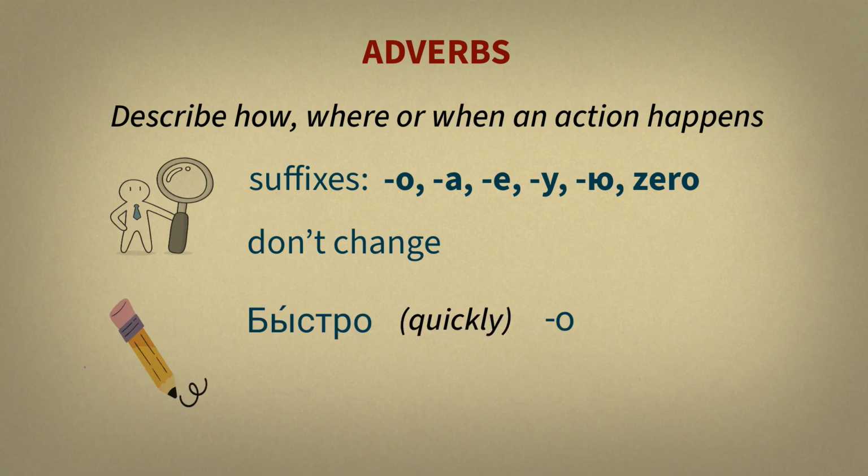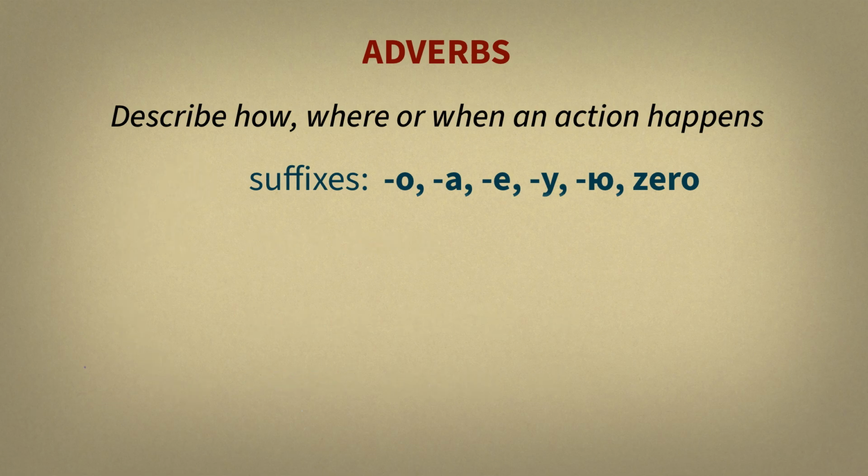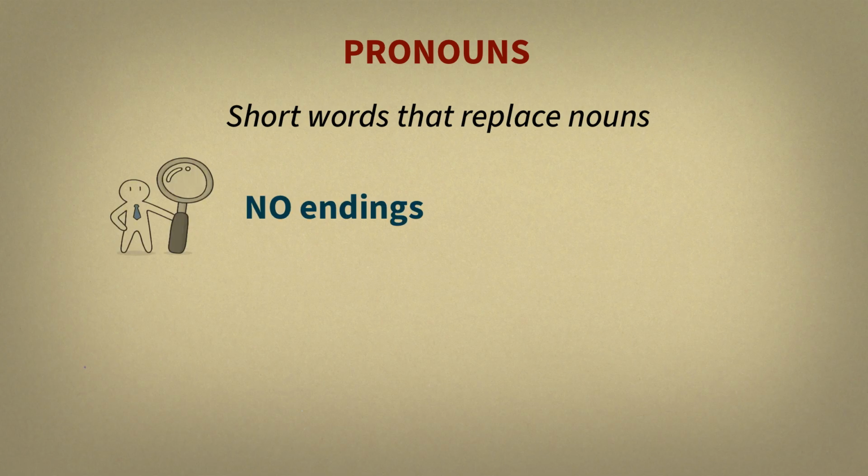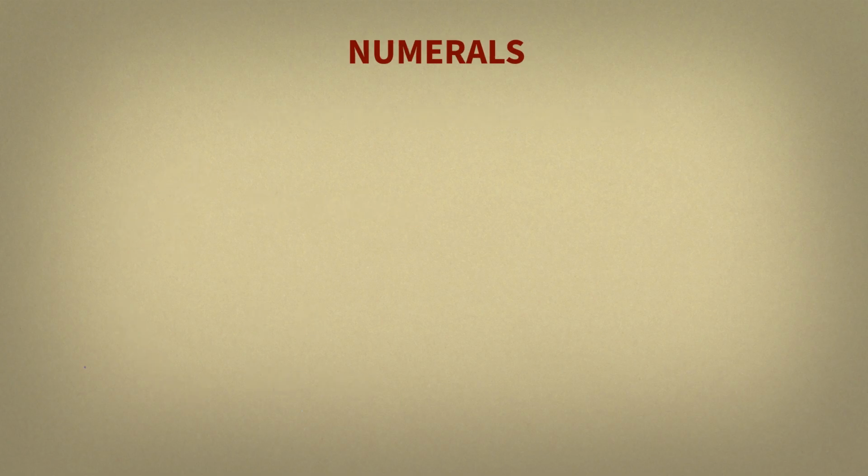For example, быстро. Suffix is о. Слегка. Suffix is а. Let's move on to pronouns. Pronouns usually replace nouns. They are short words without endings like nouns. For example, я, мы.